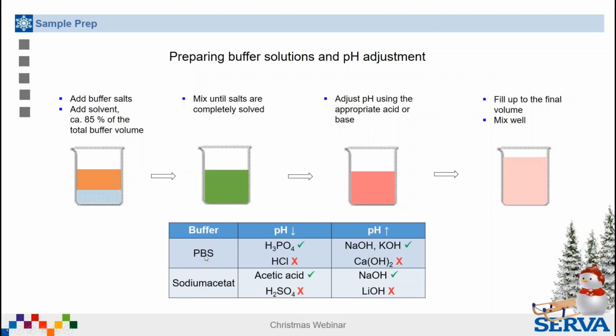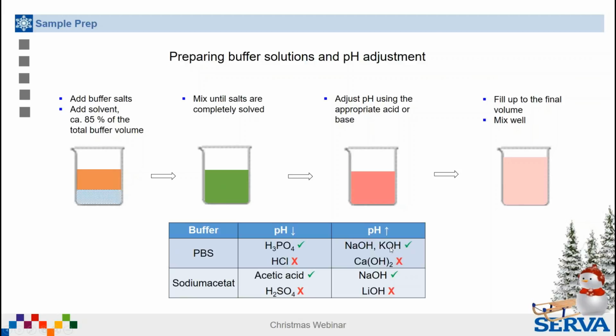If you have them, you should search for the acid or the base that is, let's say, already inside your buffer. For example, if it's a phosphate buffer, then you would use the phosphate containing acid, or if you want to be in a base, then you use hydroxide containing buffers.